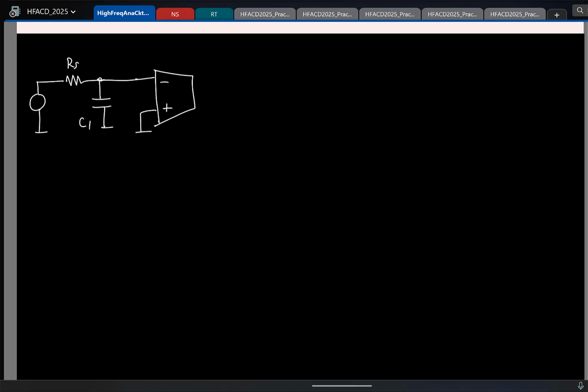Fine. And then at the output we had an effective output resistance. Let us say that is some R0 or 1 by G0 and some total output capacitance. And initially we didn't consider the gate to drain capacitance, that is the capacitance between these two nodes. So I will say this is without the capacitance C.